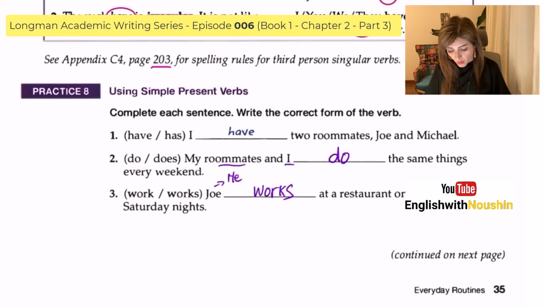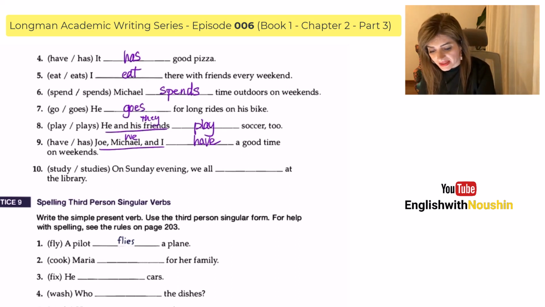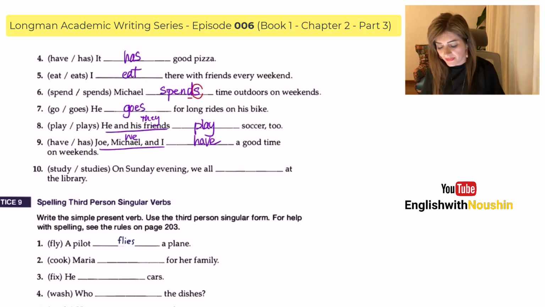Number 3, work finishes in K, so you add just S. 4 is irregular. Eat, spends. Number 6 ends in D, so you just add S. Go ends in O, so you add ES, because it's a vowel. Play, nothing, have, 10 is left.